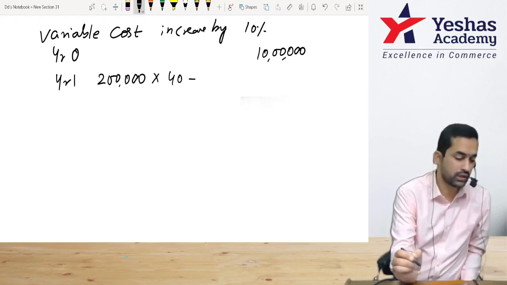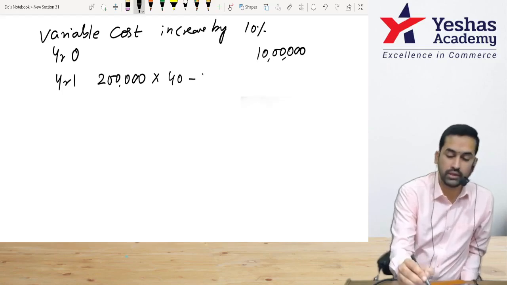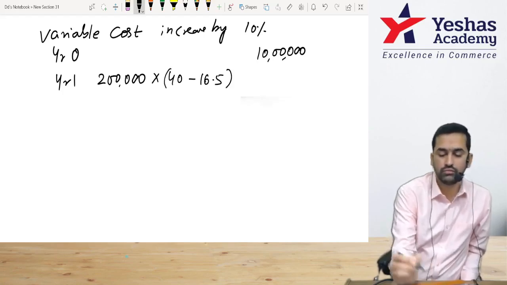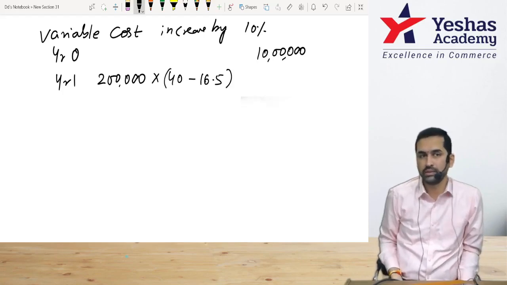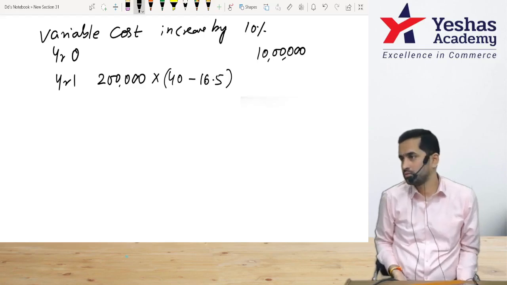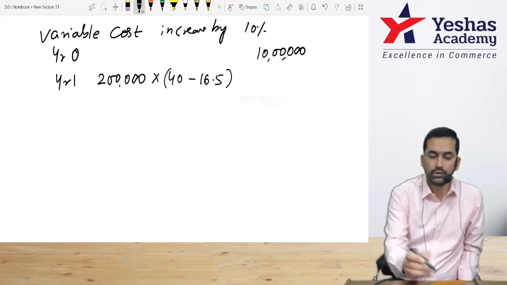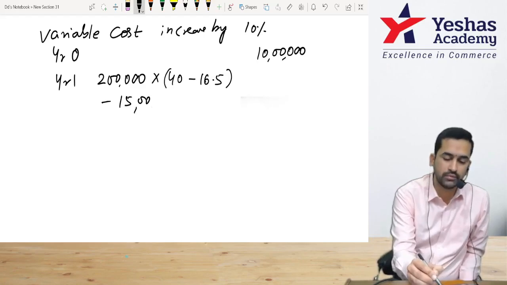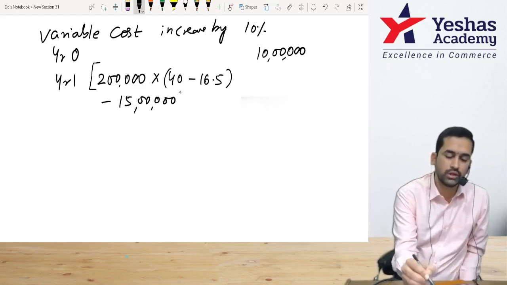Selling price is 40 minus variable cost will now be 15 plus 10% up, 16.5. This is your new contribution, from this minus the fixed cost.